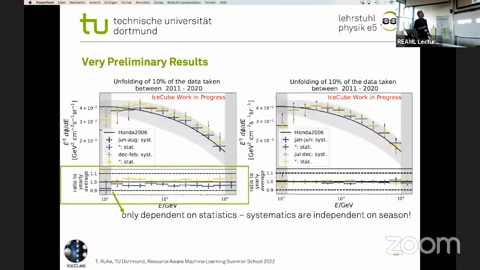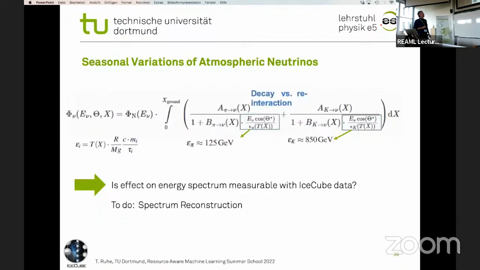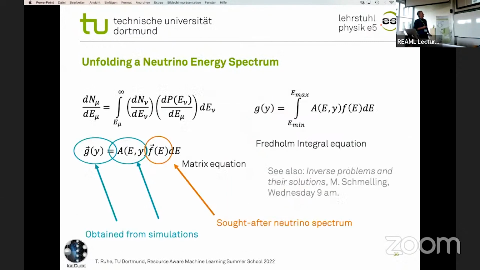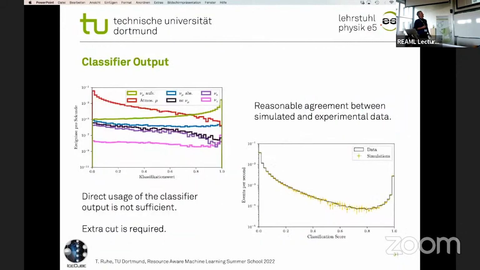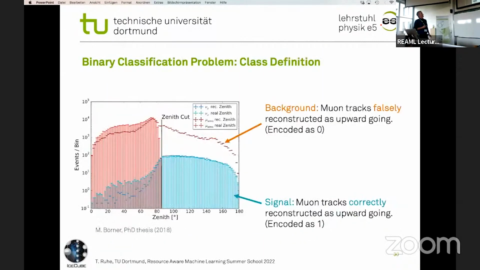It was around slide 30 or something. Yeah, exactly. And the background, which is the falsely reconstructed event.